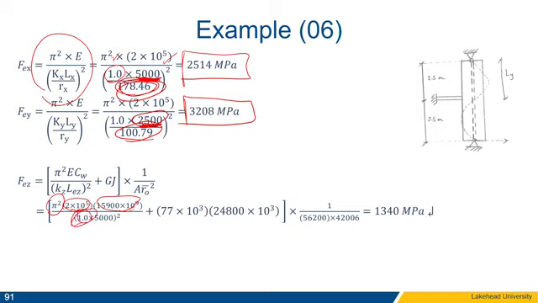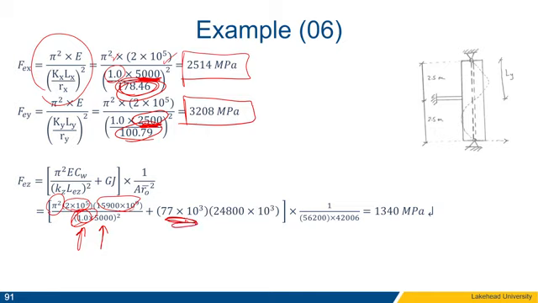KZ is equal to 1, not because it is pinned, but because it is always equal to 1 based on the code. And the buckling length will be the full length, and this is always the case because we assume that intermediate beams will not limit the rotation about the z-axis of the column.